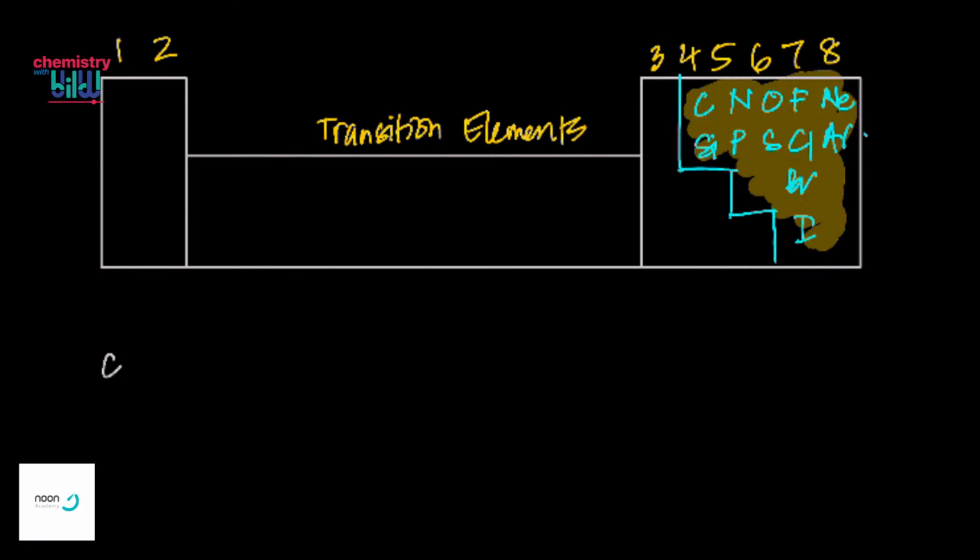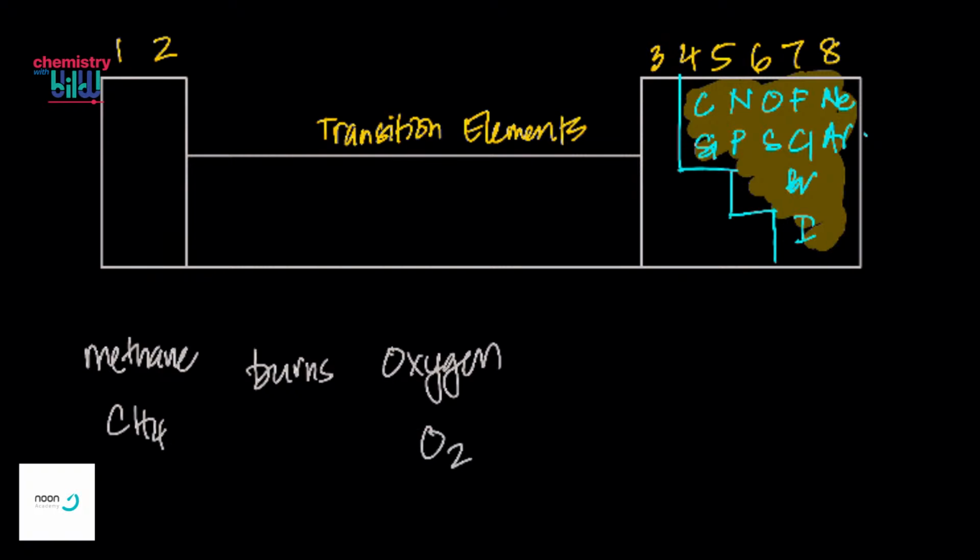So methane, CH4, burns with oxygen. Oxygen at room temperature is found as a molecule, O2, to form carbon dioxide and steam. Carbon dioxide is CO2, steam is water.